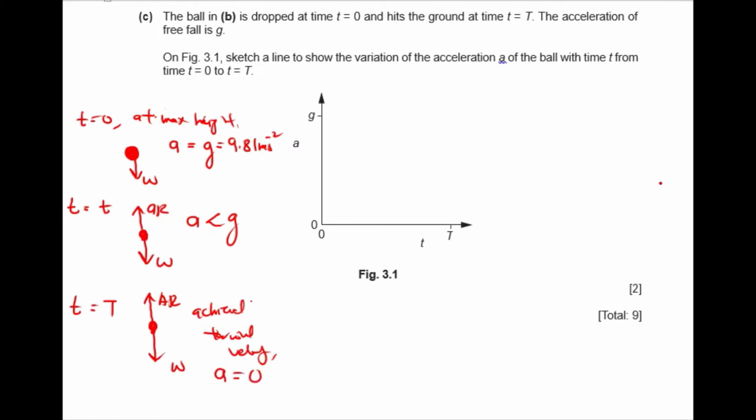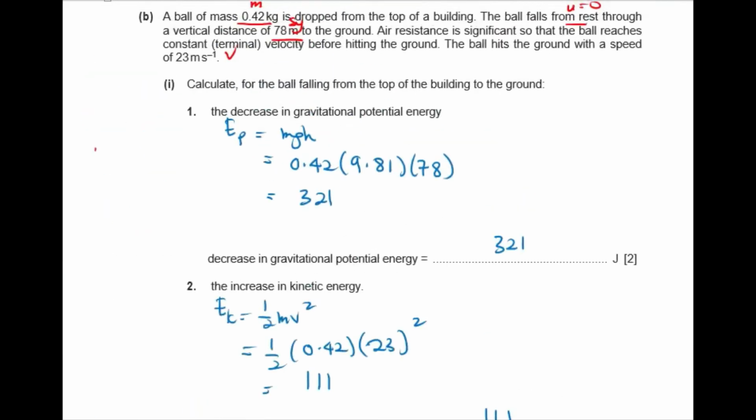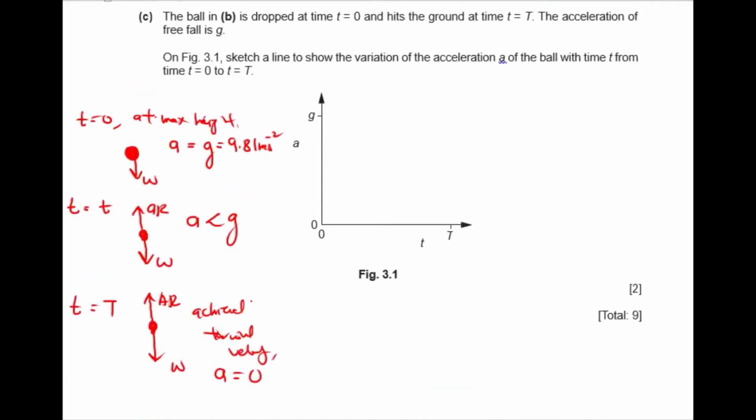But we must remember that here, air resistance is significant so that the ball reaches the constant terminal speed before hitting the ground. So meaning the ball reaches the ground before T. Okay, the ball reaches the ground before T. So first acceleration is g, then after that acceleration starts to decrease, then after that acceleration is 0 before T. So we said that until here.